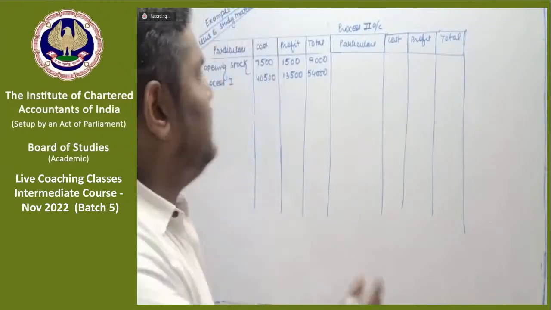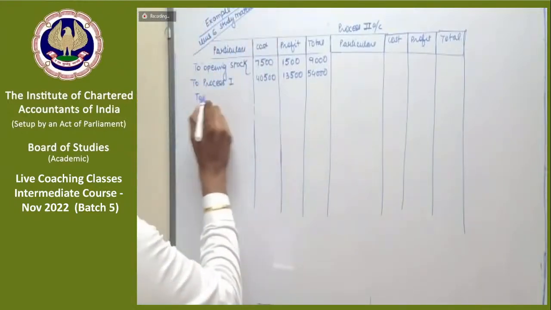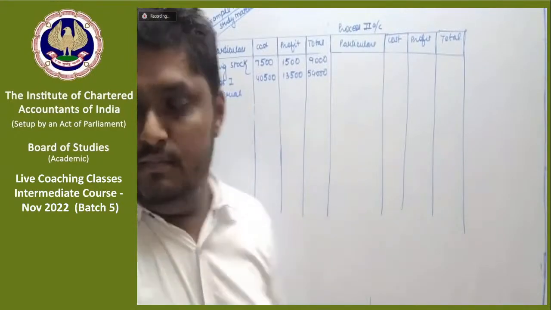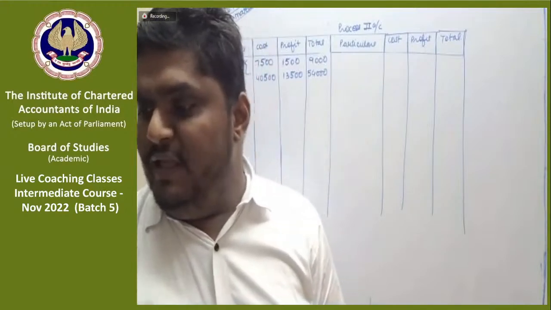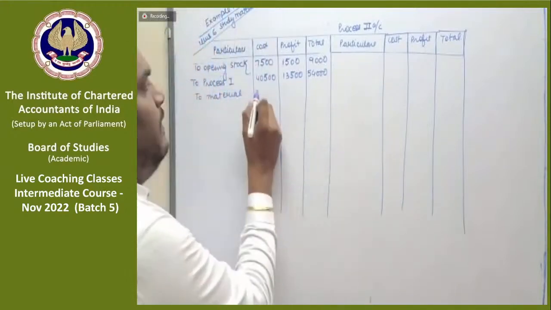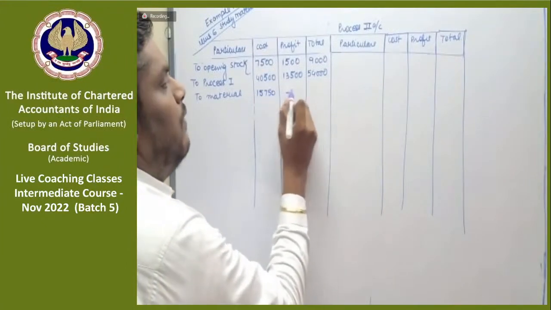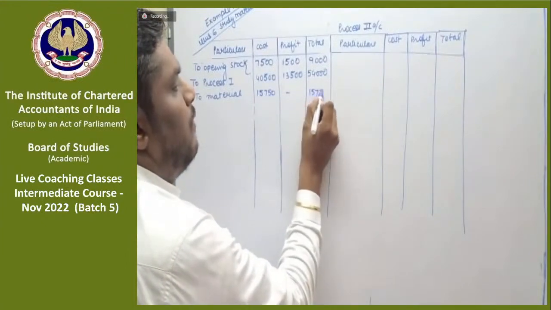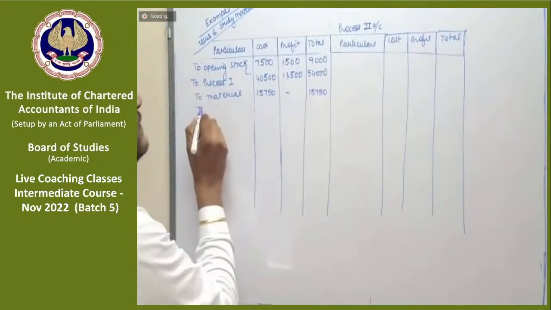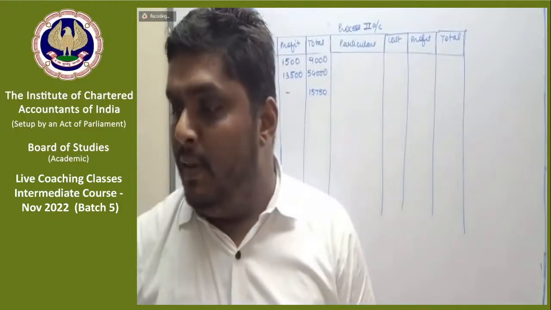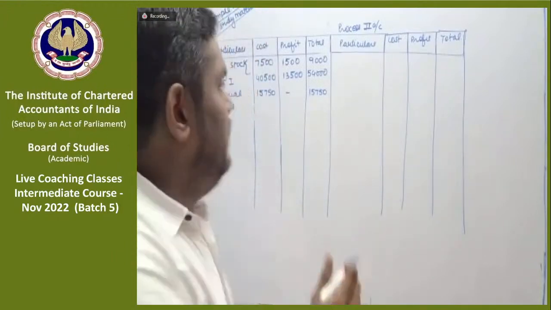So let's start with the remaining part, that is the material. It is given, 15,750. Wages is also given, that is 11,250.